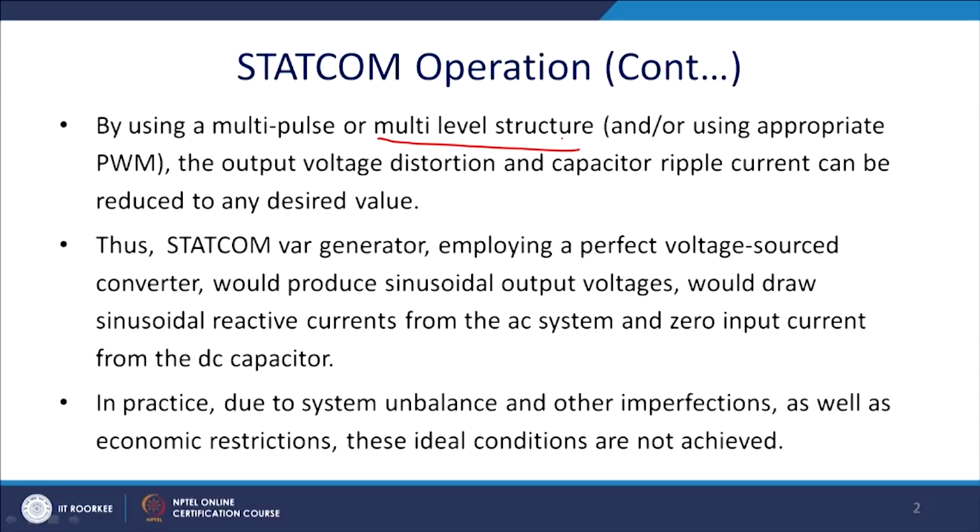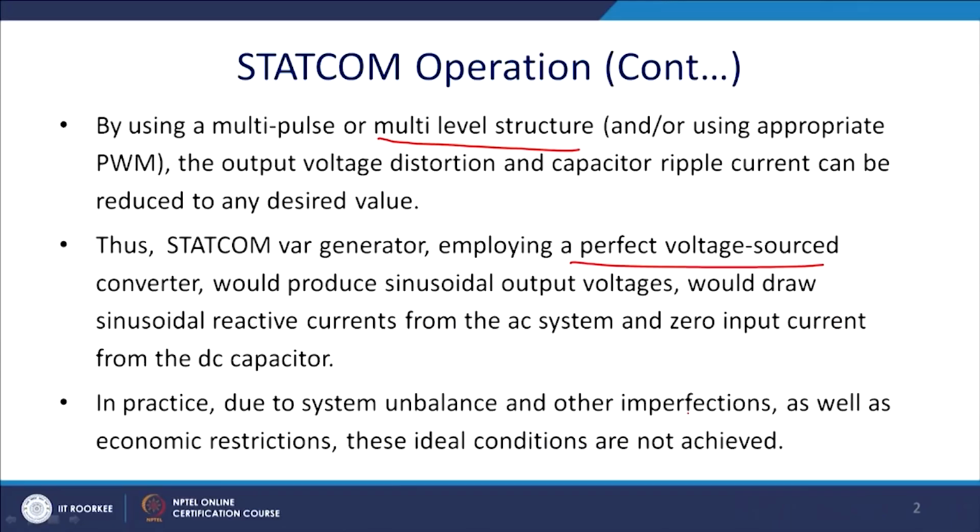Thus, a Statcom employing a perfect voltage source converter would produce a sinusoidal output voltage and draw sinusoidal reactive current from the AC system, and theoretically zero input current from the DC capacitor, but it will take the ripple current and the losses. So, there will be an exchange of power between the converters.